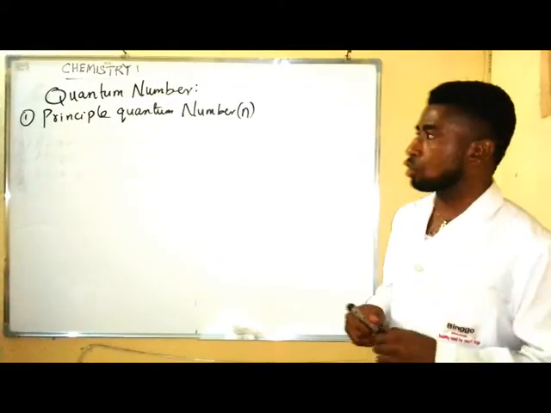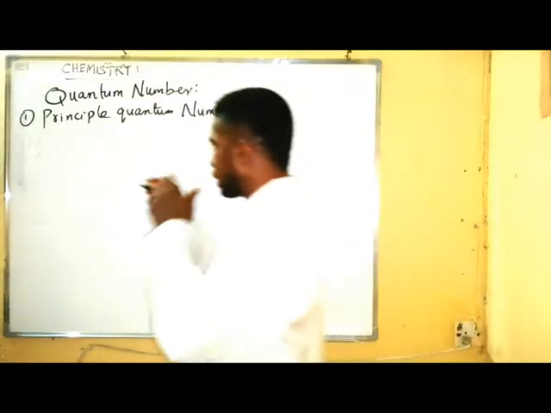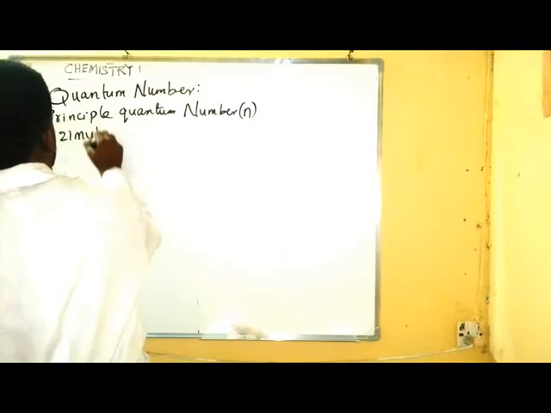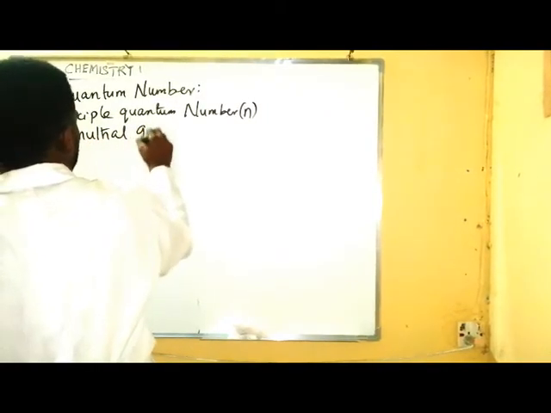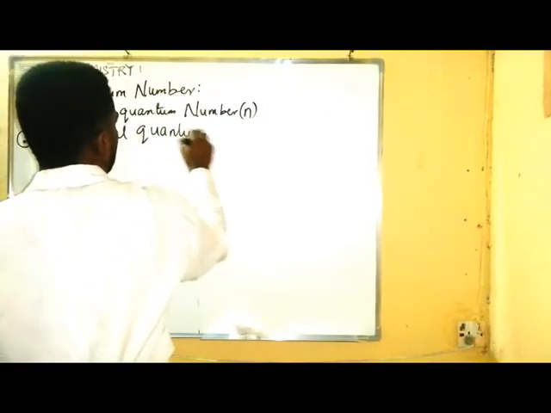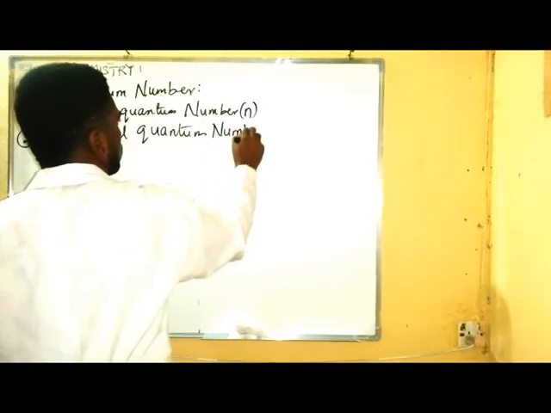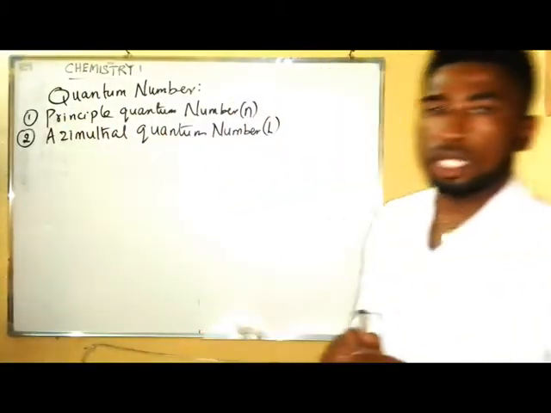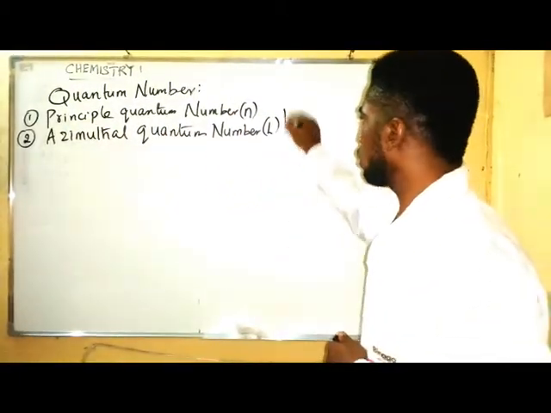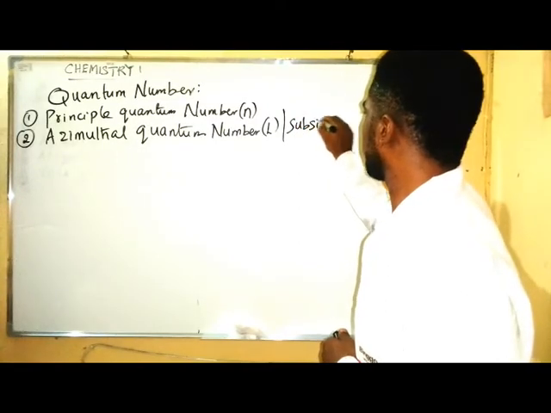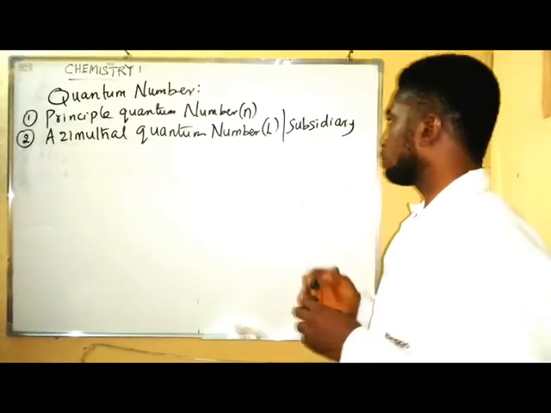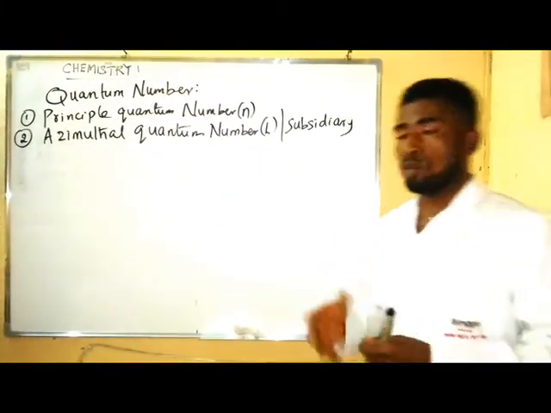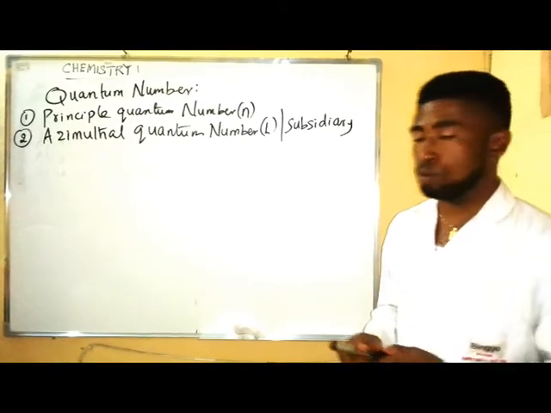Now, the second one is called the azimuthal quantum number. That's number 2. And the symbol is L. Please remember that azimuthal quantum number is also called subsidiary quantum number. But remember that the symbol is L. Now the next quantum number is magnetic quantum number.